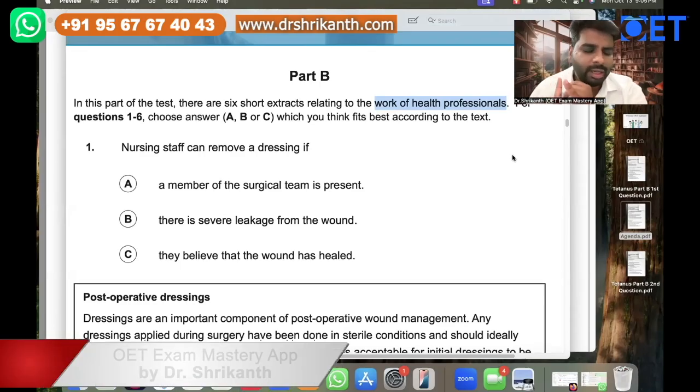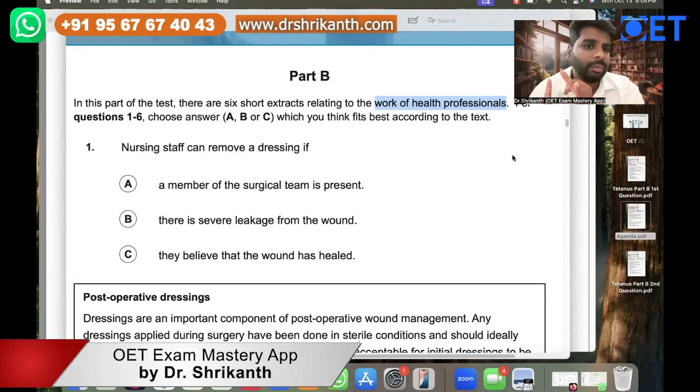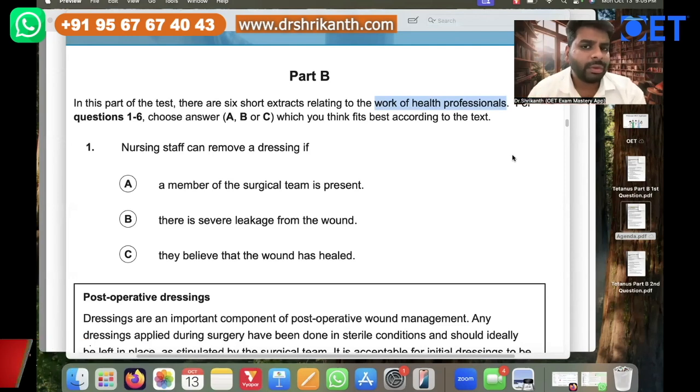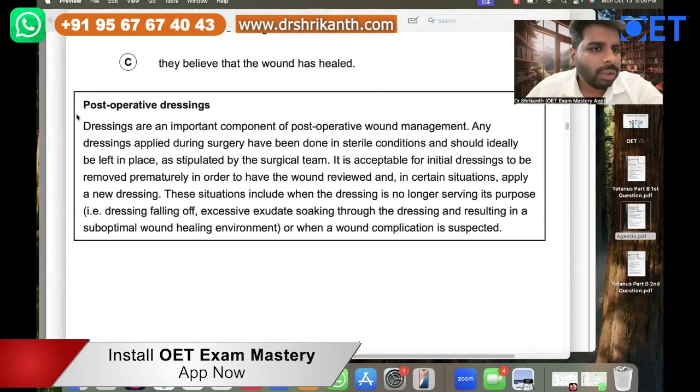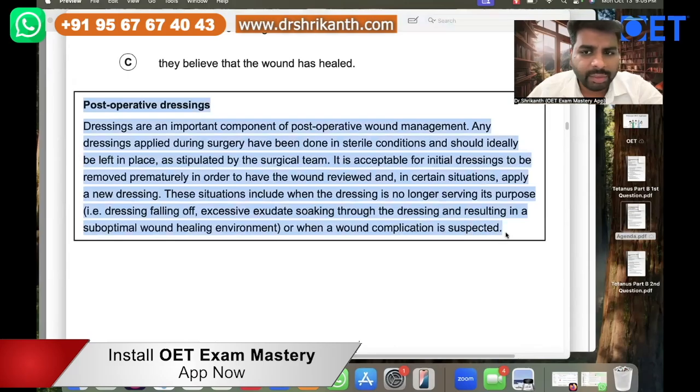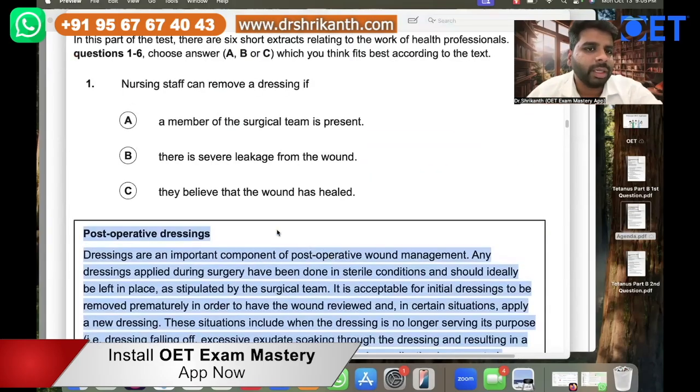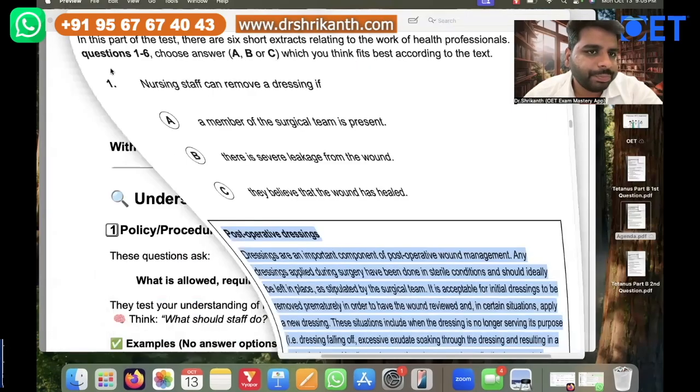You'll be getting emails, policies, guidelines, medical instructions, right? Memos, reminders. So those type of documents are what we call workplace related documents. So all this content that you see in Reading Part B are workplace related documents. And based on that, you'll be getting a multiple choice question, right?